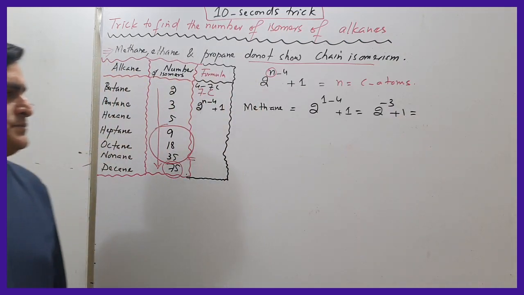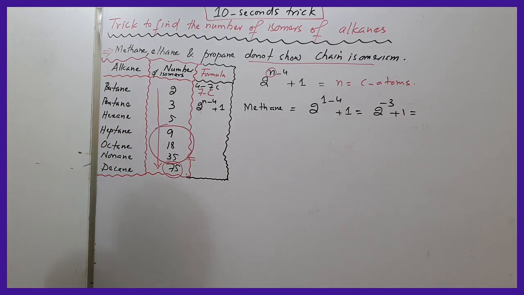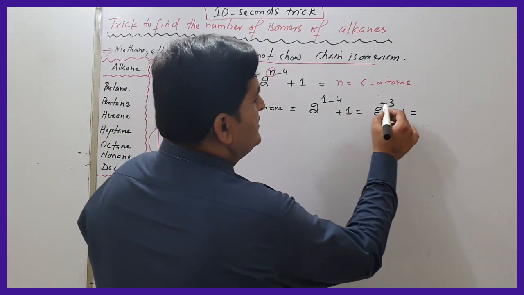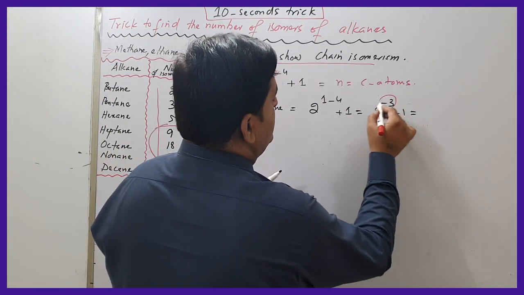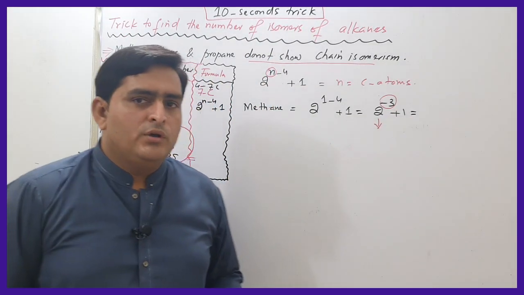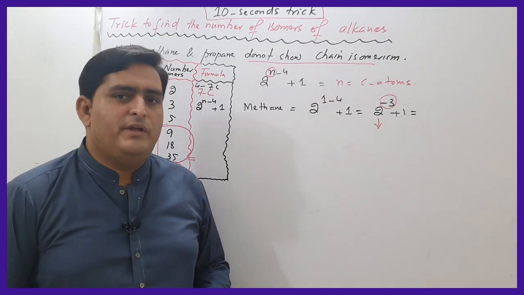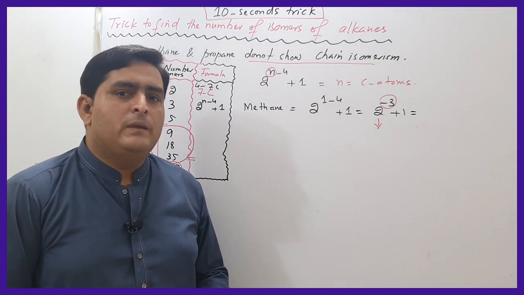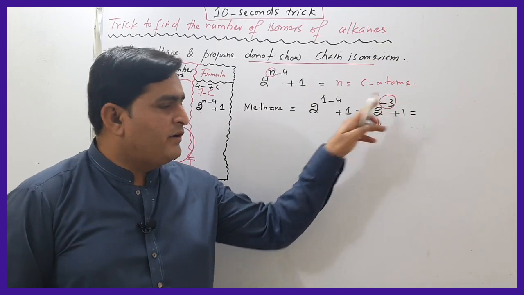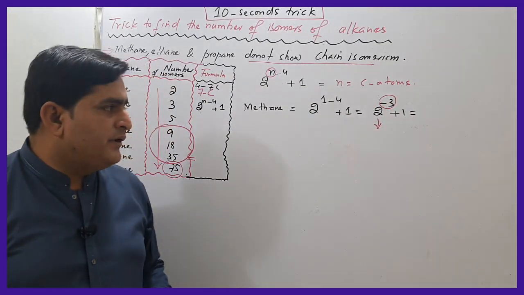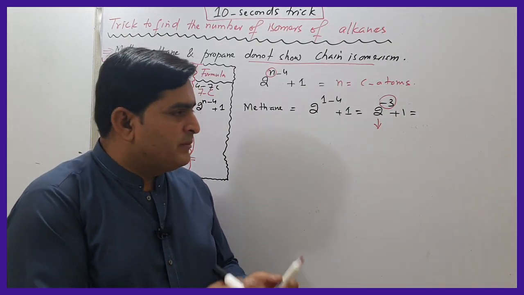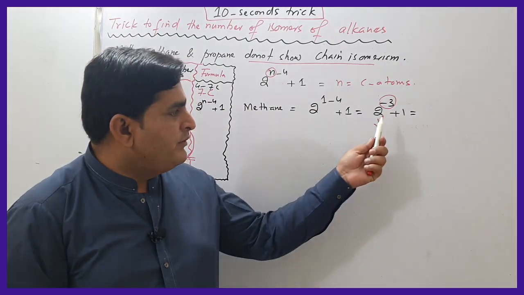We know that this minus power indicates that this value is less than 1. We know from exponential numbers that numbers having a value less than 1 have a negative exponent, and if the number is 1 or greater than 10, it will have some positive non-zero exponent.